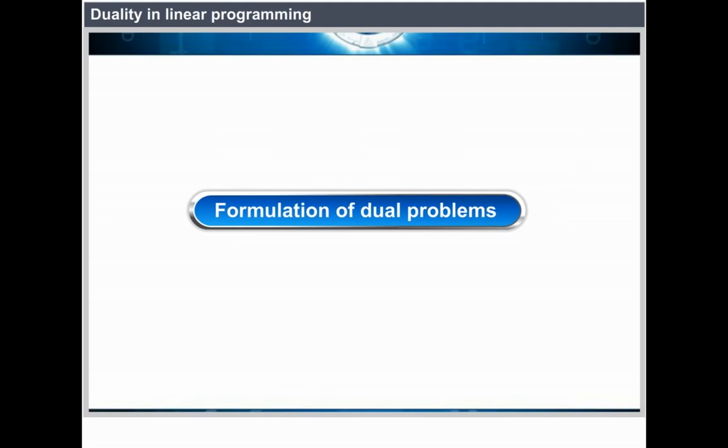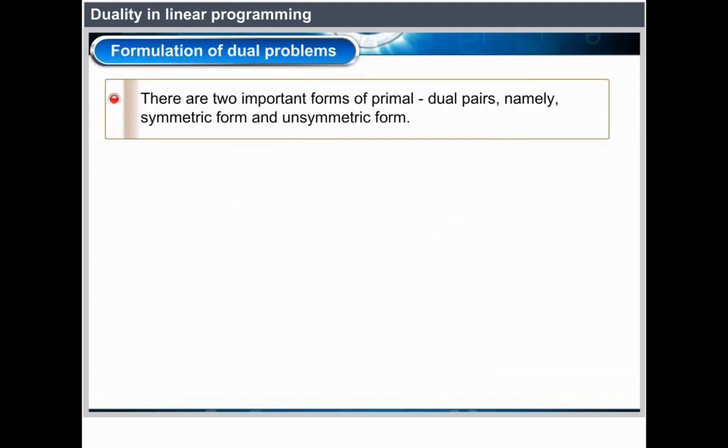Formulation of dual problems. There are two important forms of primal dual pairs, namely symmetric form and unsymmetric form.